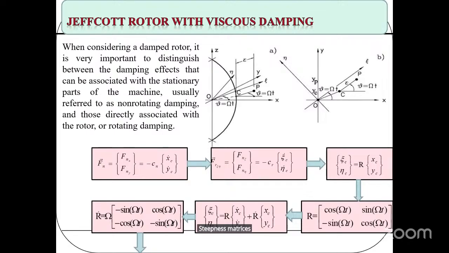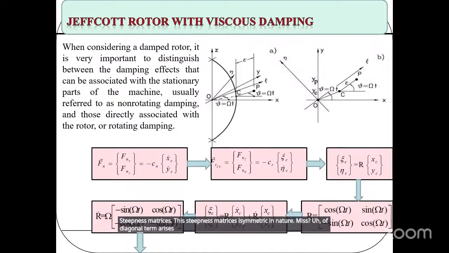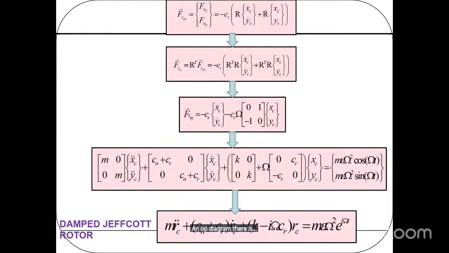This stiffness matrix is skew-symmetric in nature, meaning the diagonal terms are zero and the off-diagonal terms satisfy Aij equals minus Aji. That means the off-diagonal terms arise but with opposite sign. This matrix is known as the skew-symmetric stiffness matrix, and it is speed dependent.